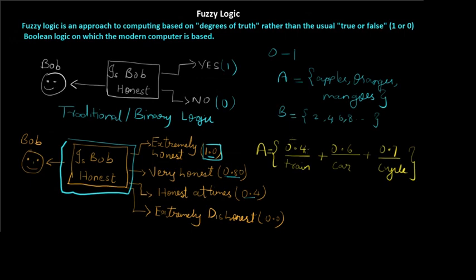That is the degree to which this lower value is associated with this set. So we can say that train has a degree of membership of 0.4 with this set. Car has a membership degree of 0.6 associated with set A. Cycle has a degree of membership of 0.7 associated with fuzzy set A.